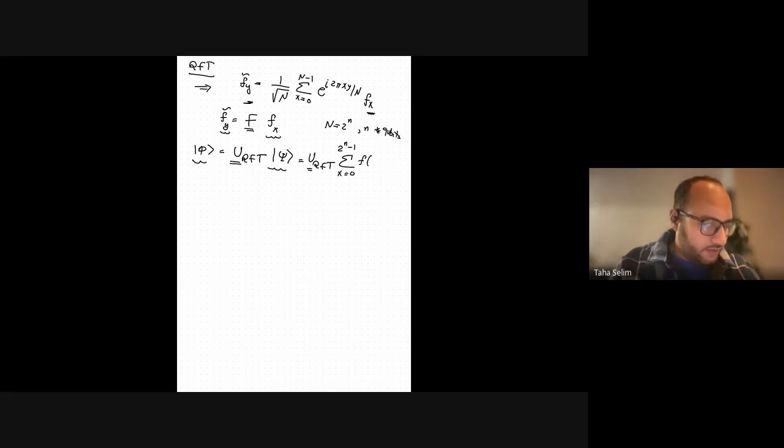So this is f of x, and f of x is just the amplitude of the state.